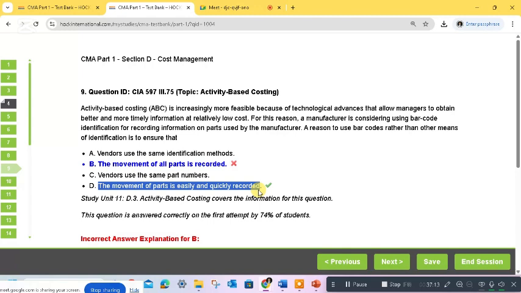How much time do they take for that? Usually they have 2-3 counters. One person taking the goods, another person most probably wearing specs, sitting and writing all the items, and then he gives you a copy of that. Compared to that, when they have barcode, it's so fast. So the movement of components, movement of goods can be easily and quickly recorded. That's the benefit.